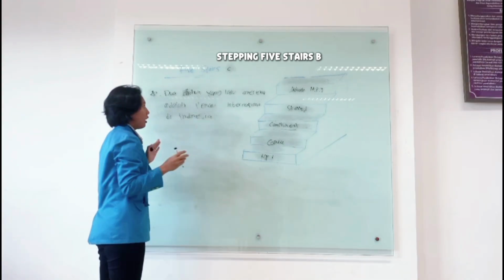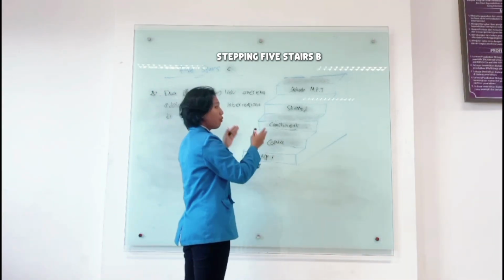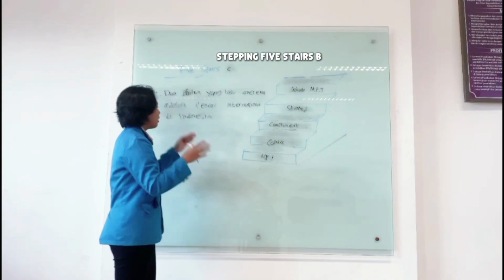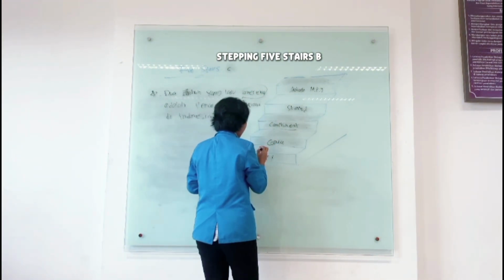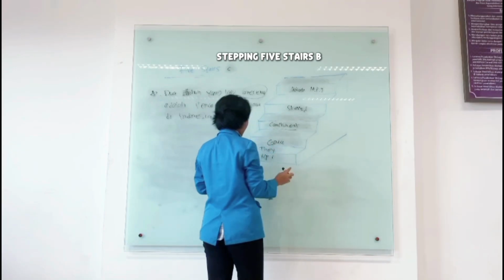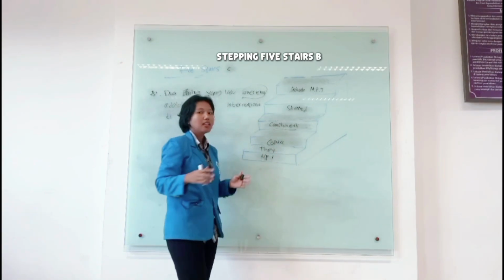So, if we want to construct this sentence in this formula, we can see the noun phrase is mereka. So we put "they" in the noun phrase. The copula is were because they is a plural noun.